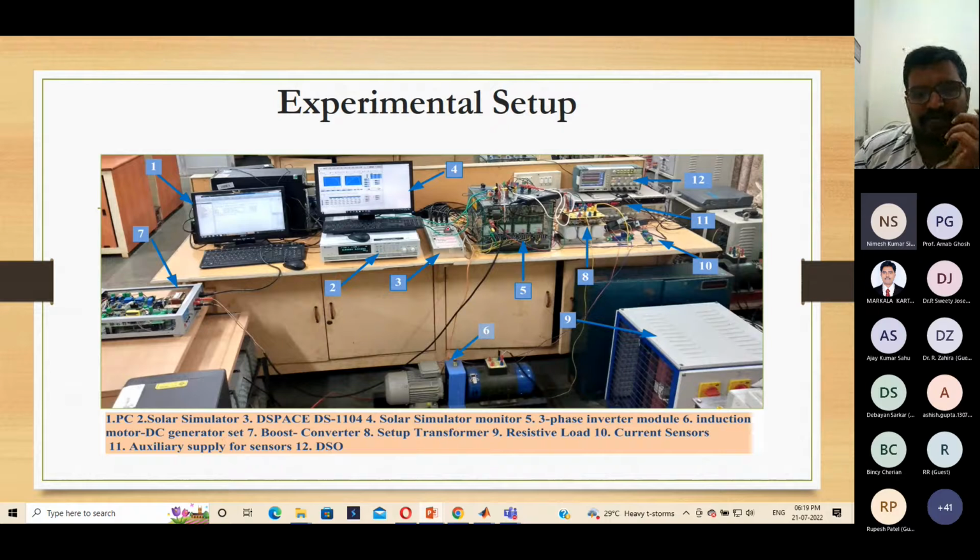With the help of the dSPACE, we give the pulses to this three-phase two-level inverter, which is fed to the induction motor drive. Again the feedback is given to the dSPACE, and then we get the desired pulses. This is the DSO we use, and we have taken a resistive load to emulate the generator output.